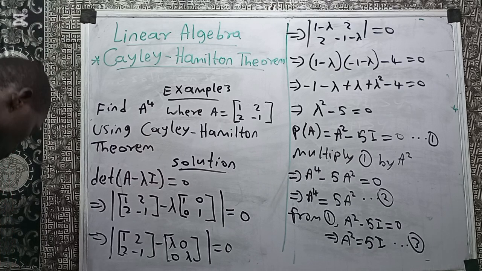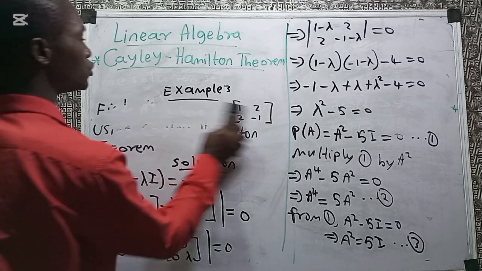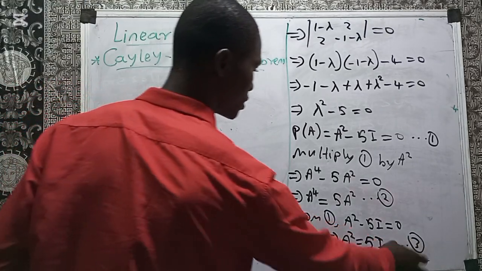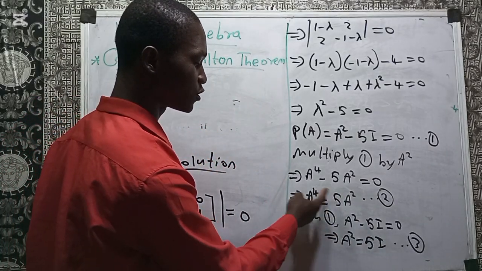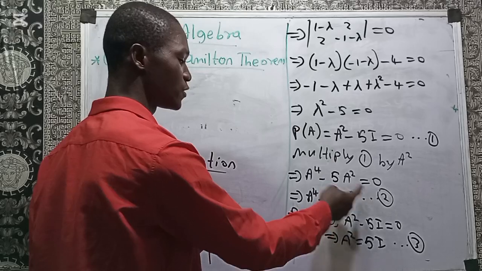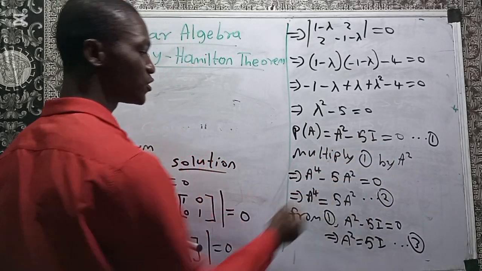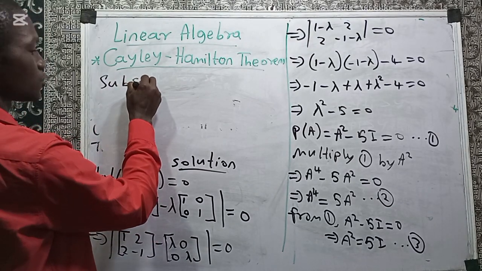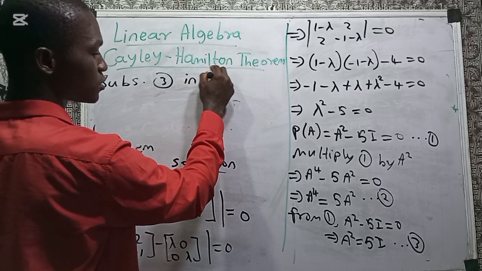What we are going to do is substitute this equation 3 in equation 2, because equation 2 is saying A raised to power 4 equals 5A squared. From equation 1, we have gotten that A squared is 5I. So let's just substitute equation 3 in equation 2.